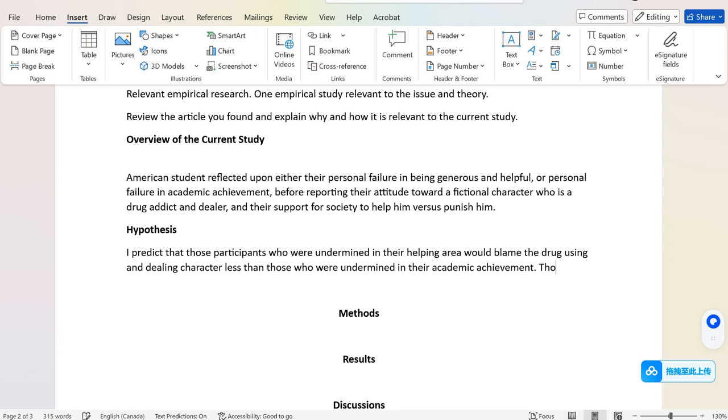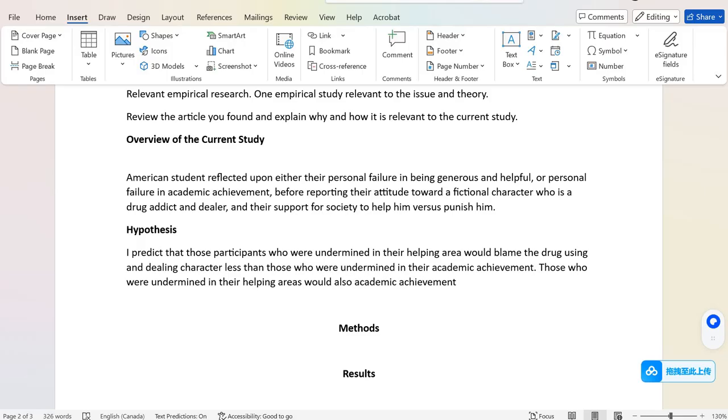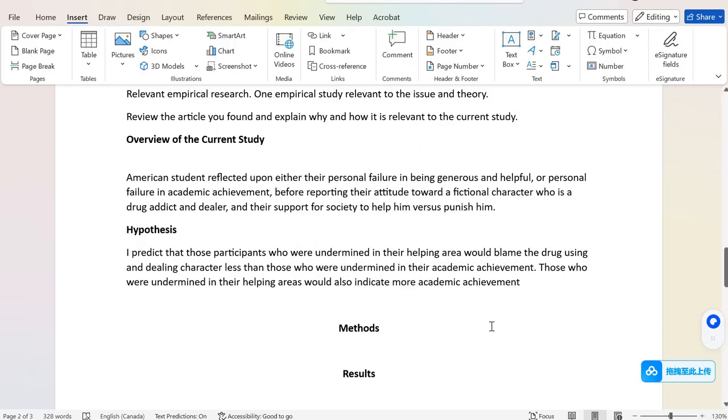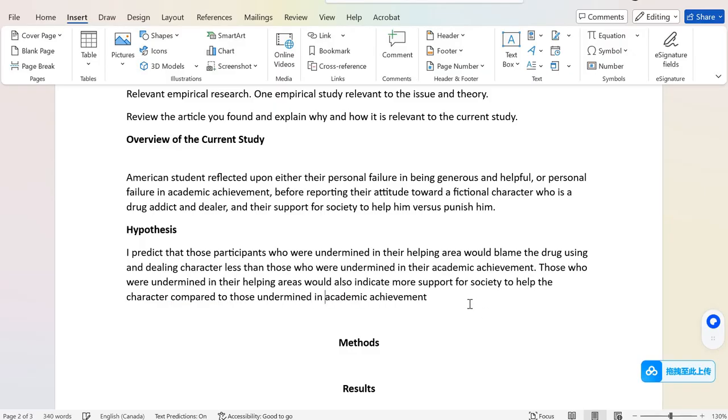That's one prediction. Those who were undermined in the helping area would also indicate more support for society to help the character compared to those undermined in academic achievement.